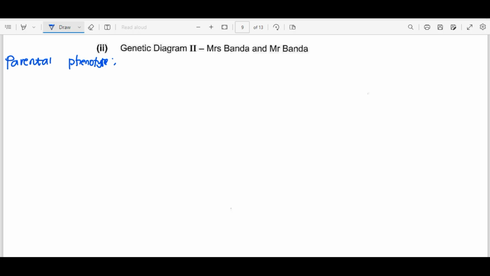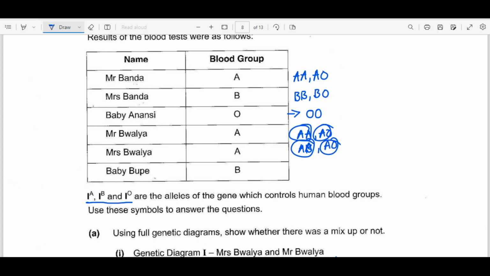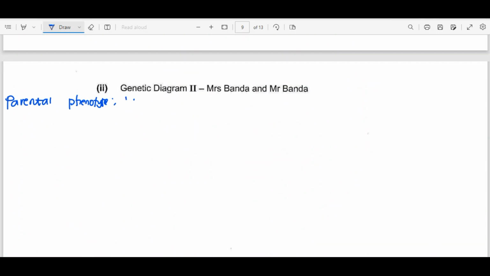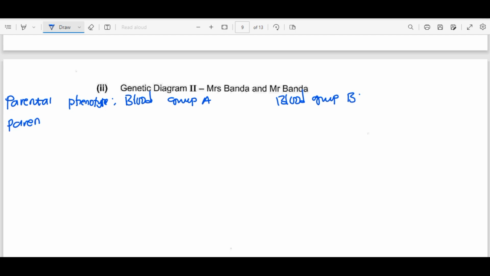So for Mrs. Banda, from the table, Mrs. Banda is A. So we'll say blood group A. Then Mr. Banda is blood group B. Then we'll move on to parental genotype.